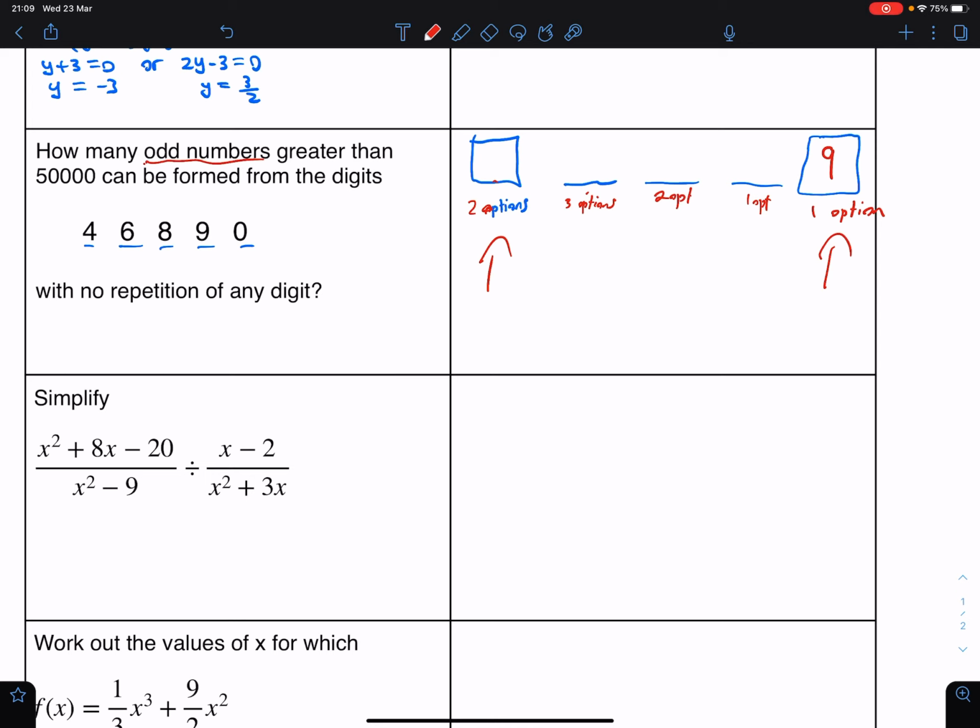And now it's just multiplying it all out. So it's 2 times 3 times 2 times 1 times 1. So 2 times 3 is 6, times 2 is 12, times 1 is 12, times 1 is 12. Remember, you don't need to know what the actual digits are. Just know that that is the number of options that you have.